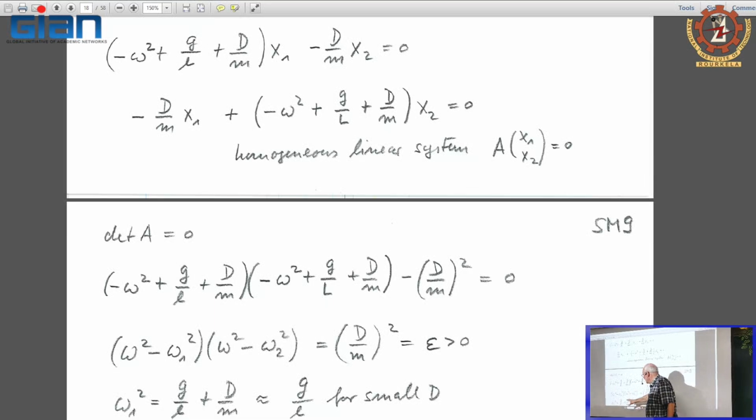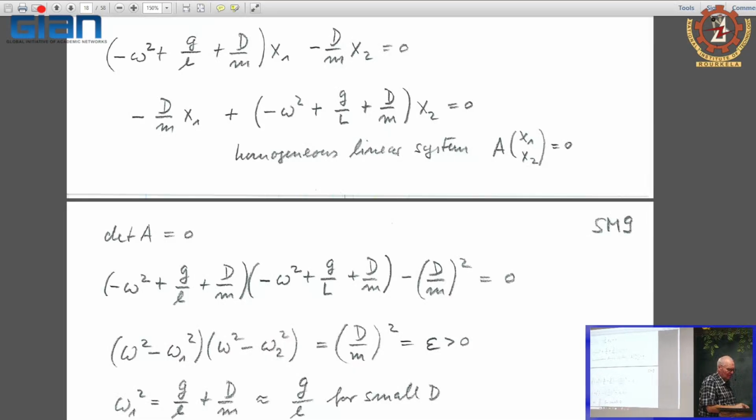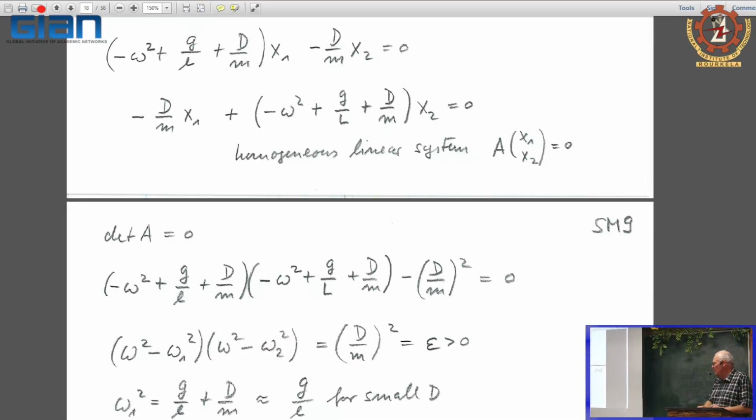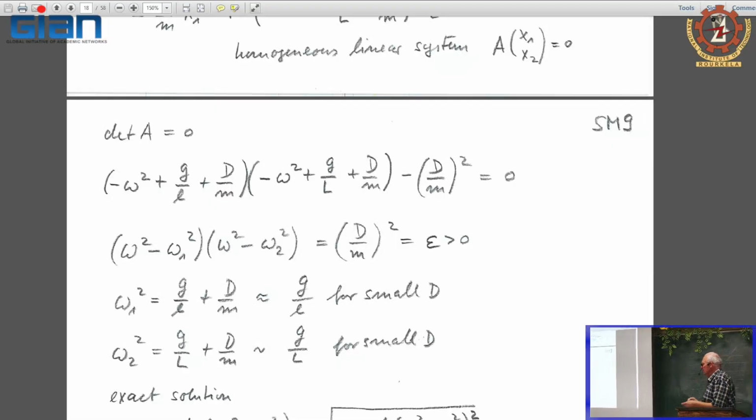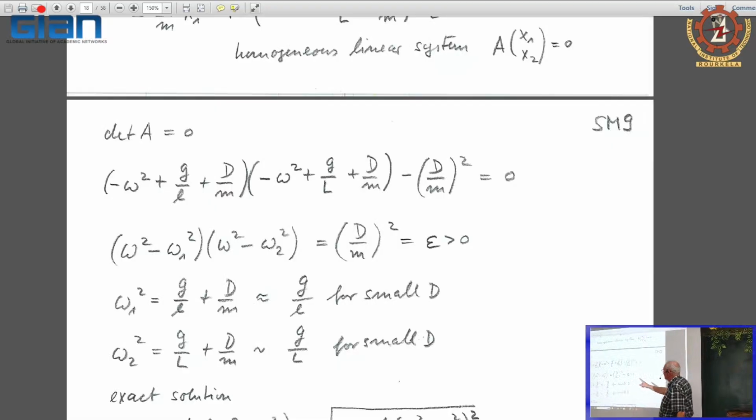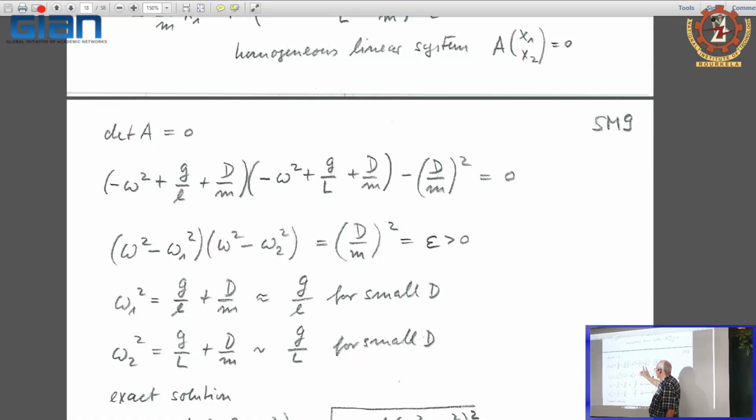So omega 1 squared is simply an abbreviation for g over L plus d over m. This is the first, so this might be denoted by omega 1 squared, and we have omega 2 squared as an abbreviation for this term.